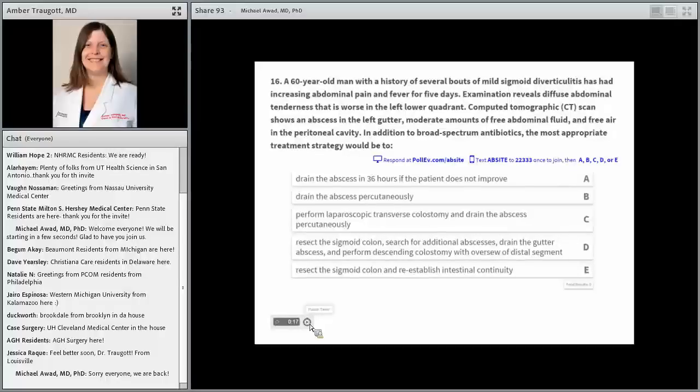In addition to broad-spectrum antibiotics, the most appropriate treatment strategy would be to A, drain the abscesses in 36 hours if the patient does not improve. B, drain the abscess percutaneously. C, perform laparoscopic transverse colostomy and drain the abscess percutaneously. D, resect the sigmoid colon, search for additional abscesses, drain the gutter abscess, and perform descending colostomy with oversew of distal segment. Or E, resect the sigmoid colon and reestablish intestinal continuity.